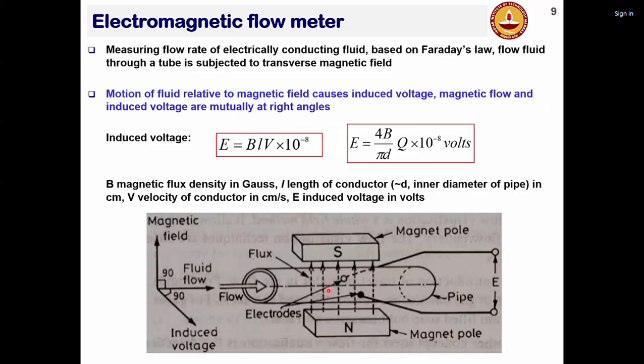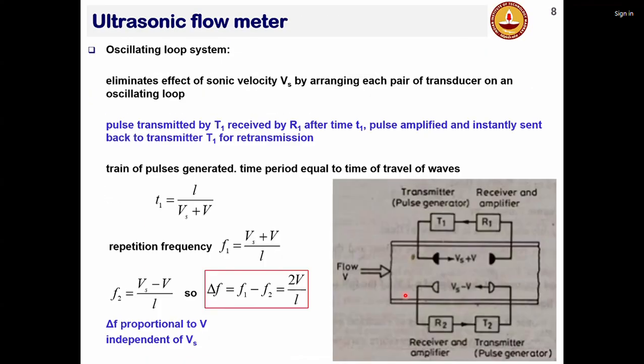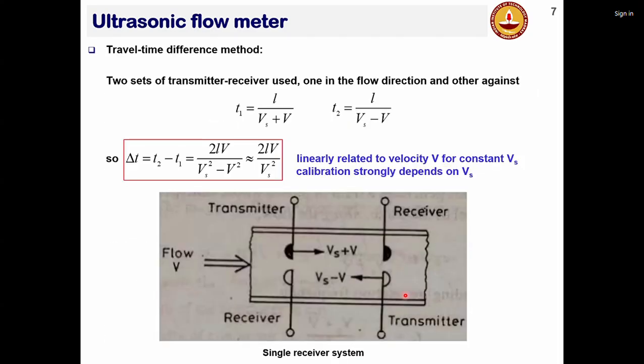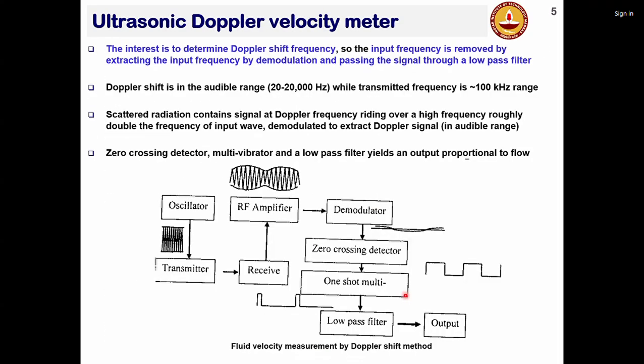Unlike the magnetic flow meter, the electromagnetic flow meter, where you get average information, the average velocity V, not at a point. Similarly, in the ultrasonic flow meter also, V is an average velocity. We don't get point information here.